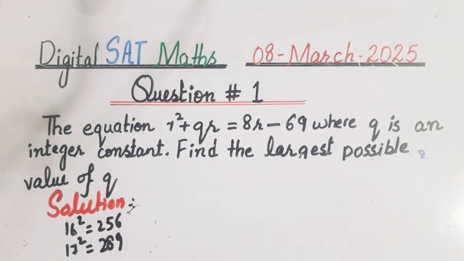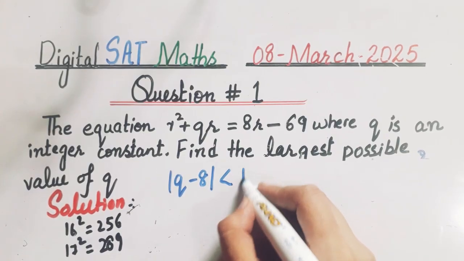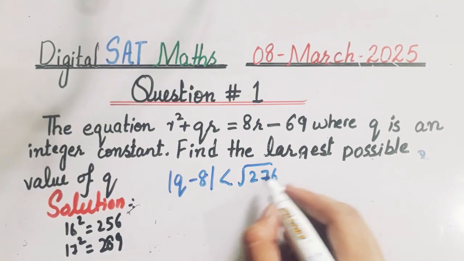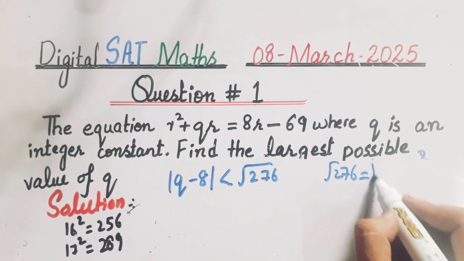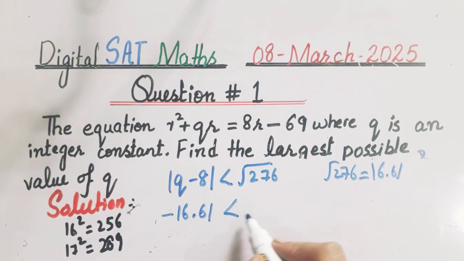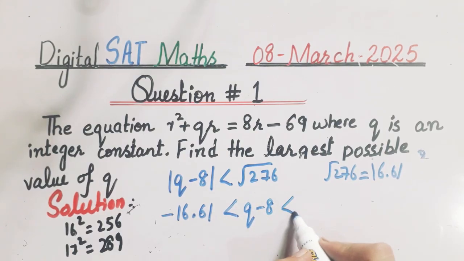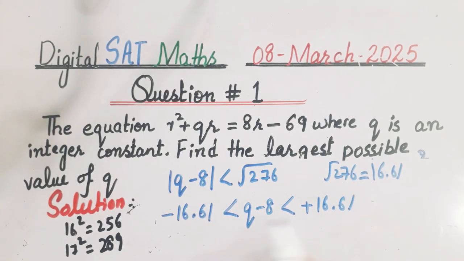So the approximate value of q minus 8, that was less than square root 276, and approximately square root 276 equals 16.61. So which shows that we will write the value as minus 16.61 less than q minus 8, and that will be less than plus 16.61.